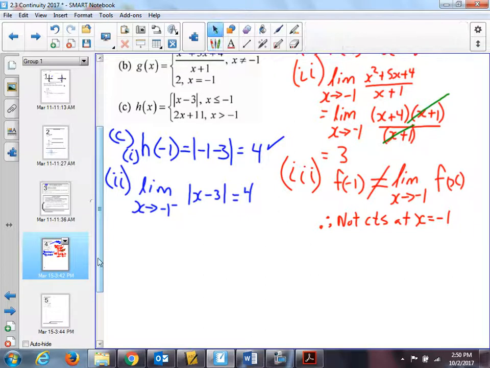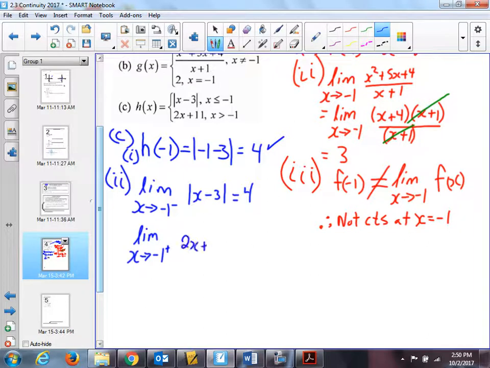Does the right-sided limit work? The limit x approaching -1, but from the right-hand side, we use this portion of the equation, 2x plus 11. Put it in brackets so you know that it's all included there.